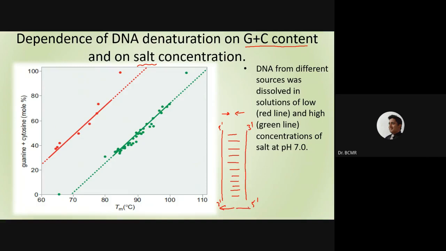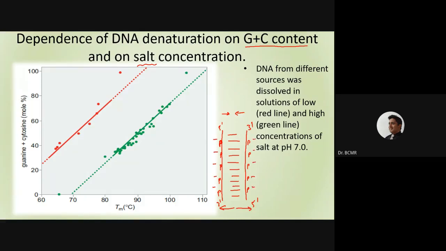You have to look at it this way. As I said, the backbone is made up of phosphates, right? The backbone is called the phosphate backbone. It has a negative charge on it, right?